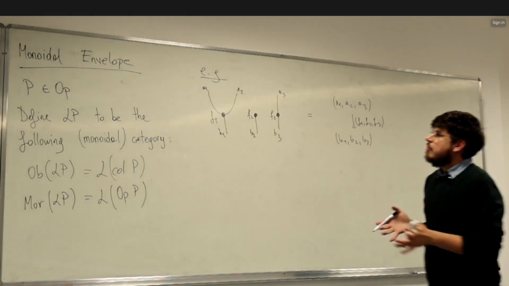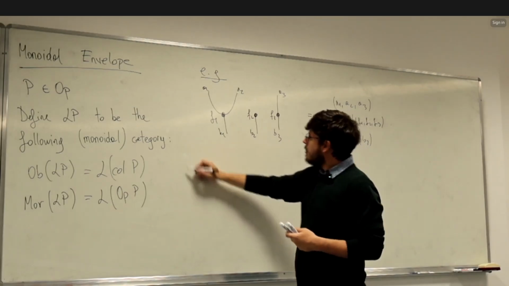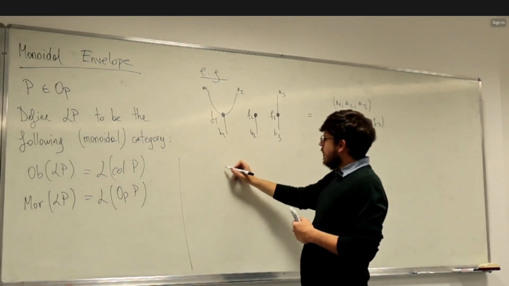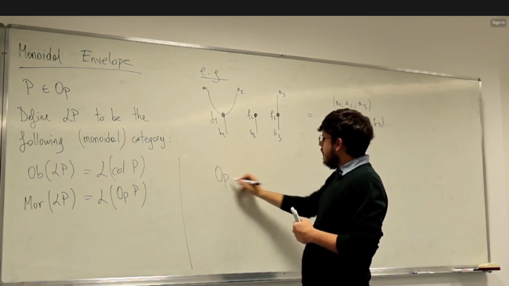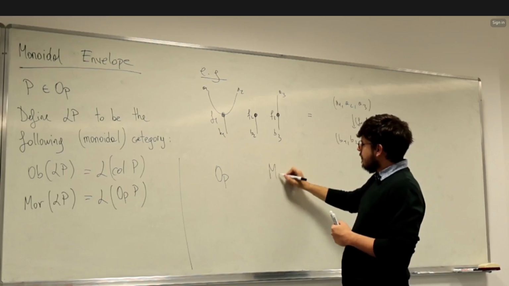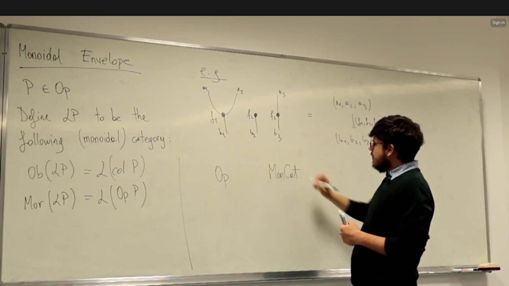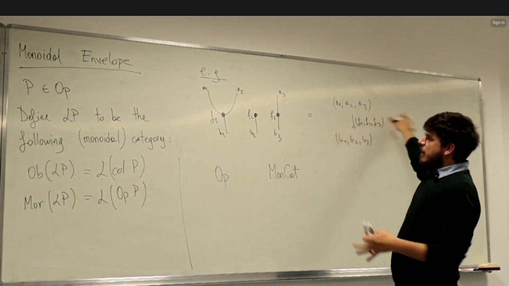Okay, now what's the thing here? So I mentioned this last time. Now we have operads and we have monoidal categories. This is monoidal by concatenation.